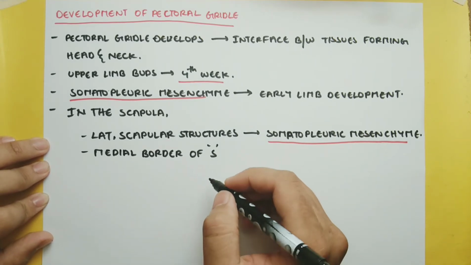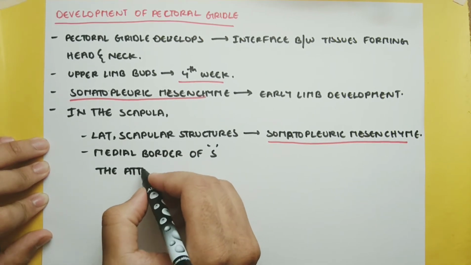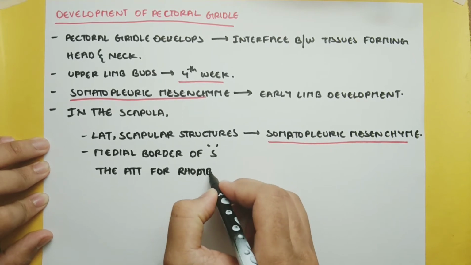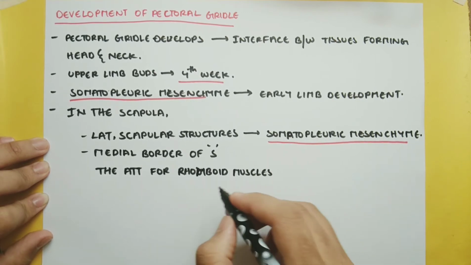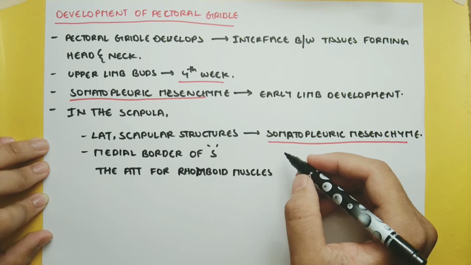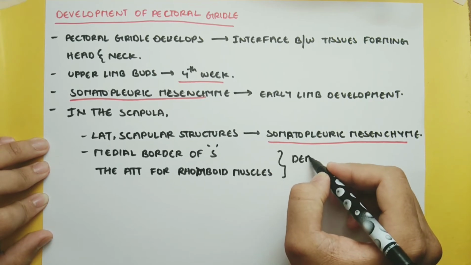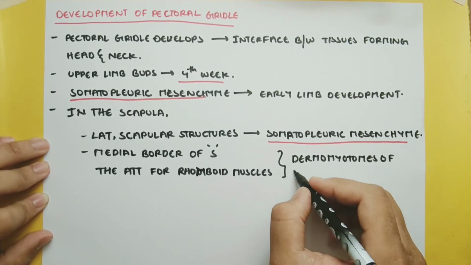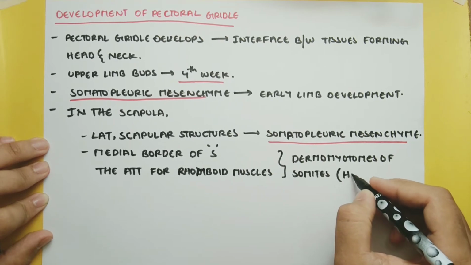The medial border of scapula is the attachment site for rhomboid muscles, both the rhomboid major and the rhomboid minor muscles, which originate from dermomyotomes of somites, particularly the hypaxial domain.